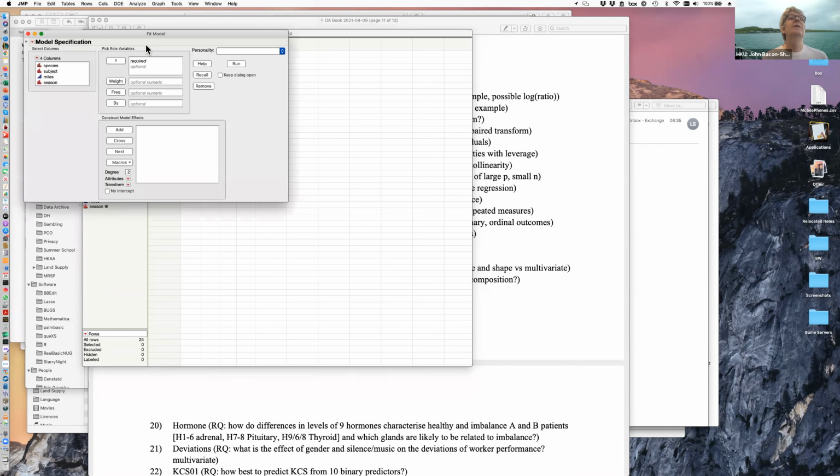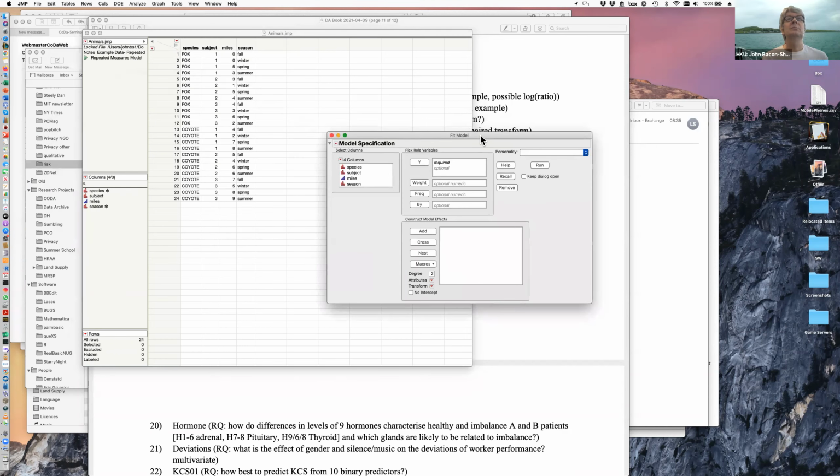So we're going to choose fit model. So the easy part is we're trying to model the distance traveled, right? So the distance is in miles. In fact, there is a slight problem with the distance measure here. You'll notice they've all been rounded or truncated. So we don't actually know which it is.